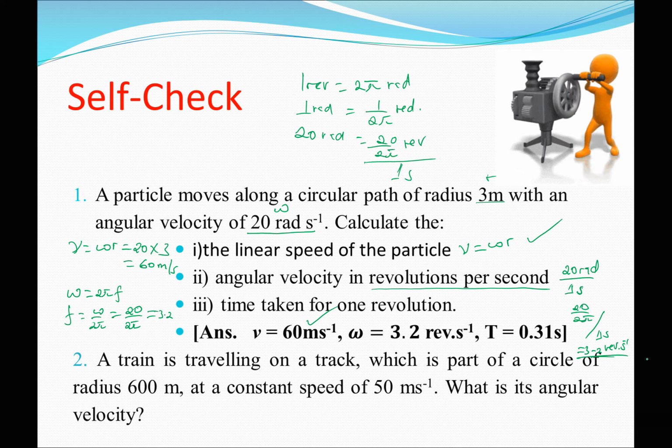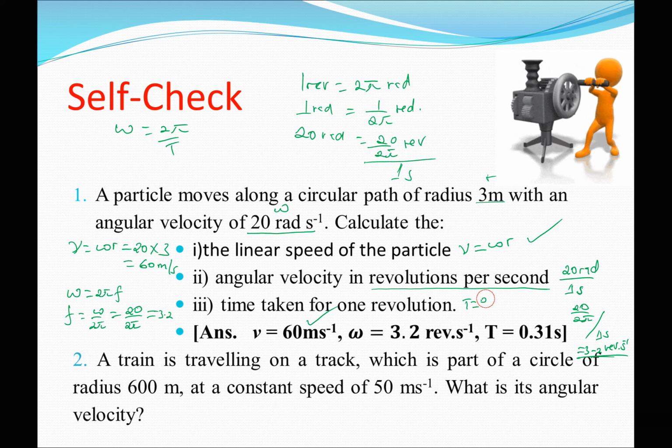Then the period. We know that if I have the angular velocity, since omega is 2 pi over T, then T is the reciprocal.